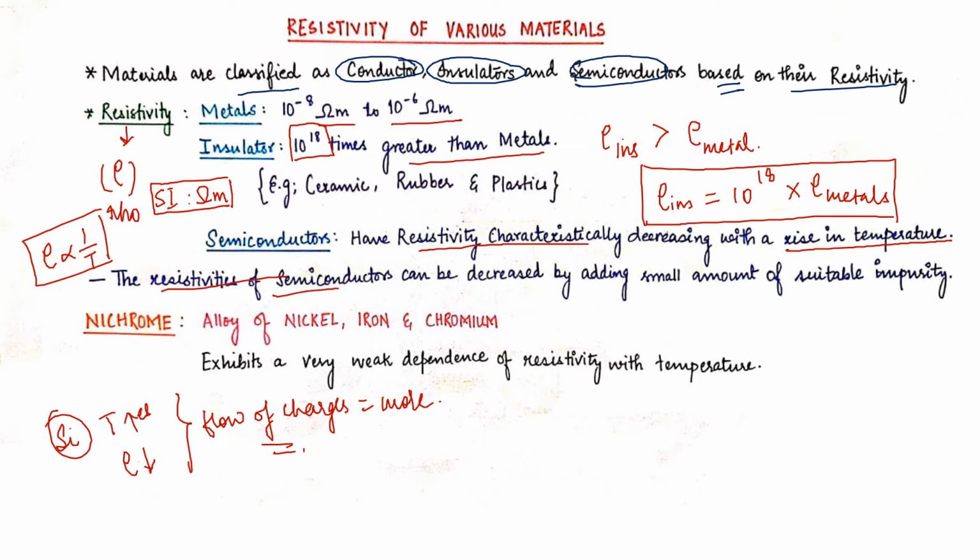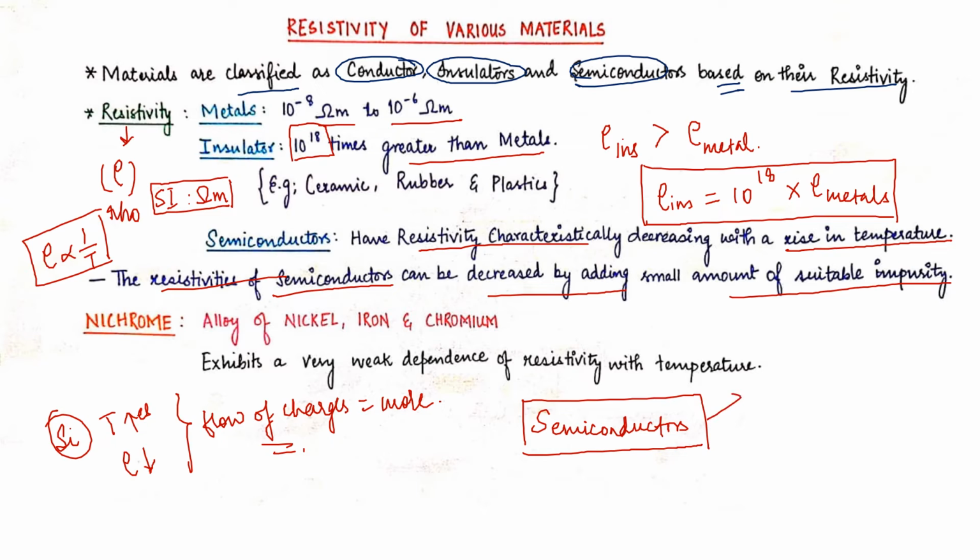Resistivity of semiconductors can also be decreased by adding a small amount of suitable impurity. Decreasing the resistivity implies increasing the conductivity. In semiconductors, there are two factors: one is temperature and another is impurities.